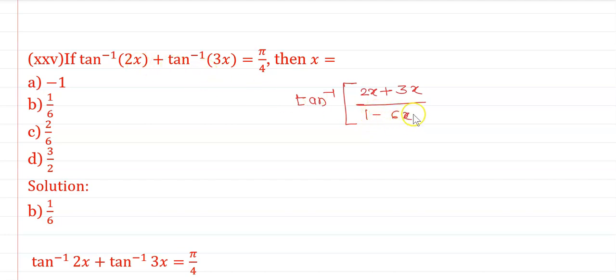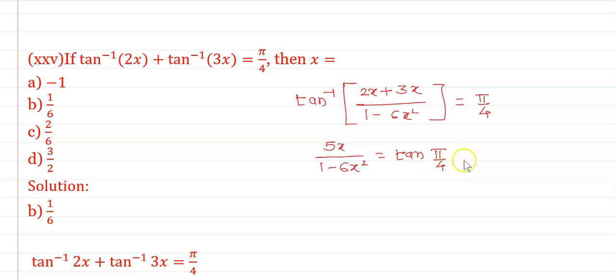You will get here 6x square is equals to pi by 4, and therefore if we simplify this, you will get 5x upon 1 minus 6x square is equals to tan inverse tan of pi by 4.